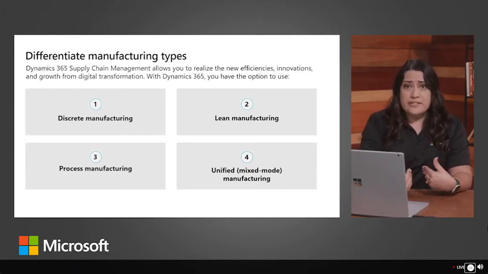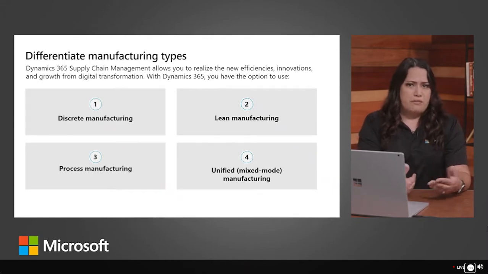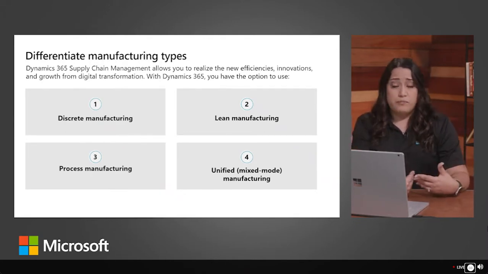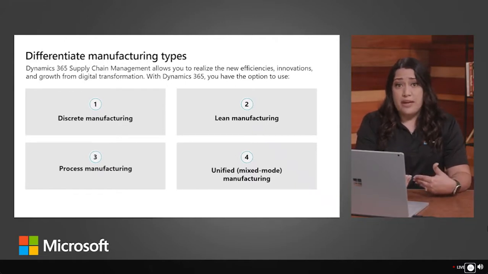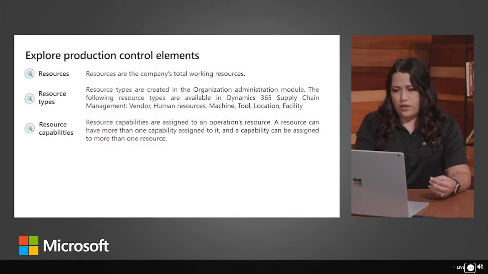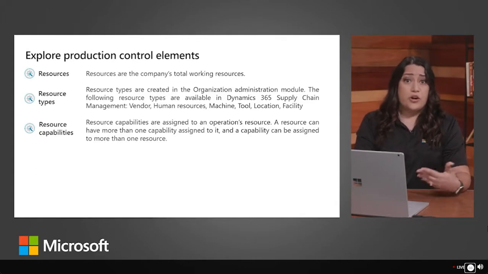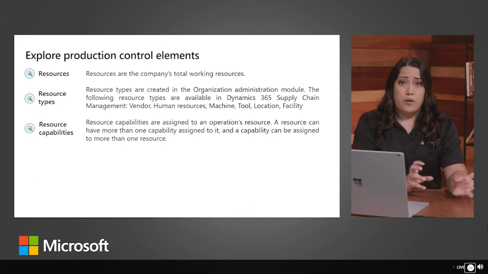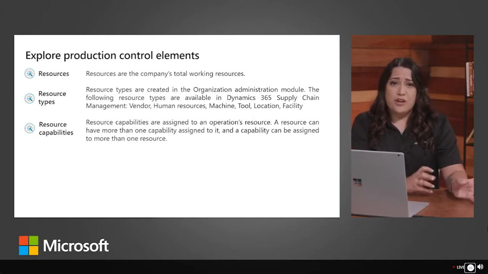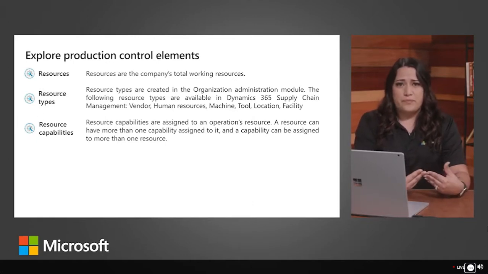So whether your organization produces items that are made to order or made to stock, or maybe you're engineering to order, Dynamics 365 Supply Chain Management can help you with your manufacturing strategies. Now, although each company's manufacturing processes are unique, depending on the nature of production and the environment, all of the core elements that are going to be used in the core production module inside Dynamics are pretty similar to one another.